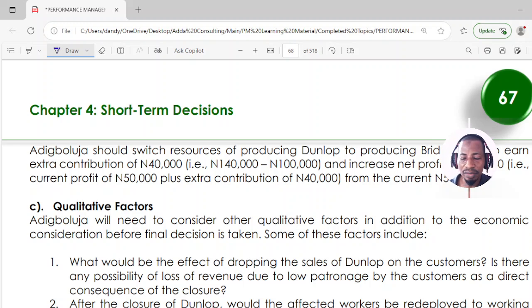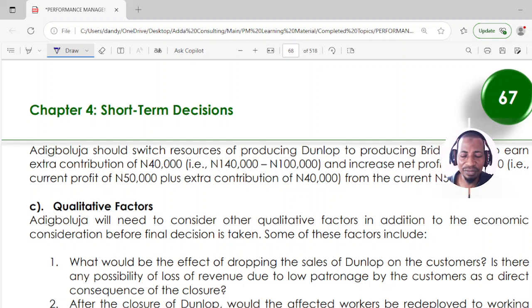So that is our decision, because the production of Bridgestone tire generated a higher positive contribution, 40,000 naira more than the production of Dunlop tire that generated a positive contribution of 100,000. So there is an additional profit of 40,000 naira that will be earned.